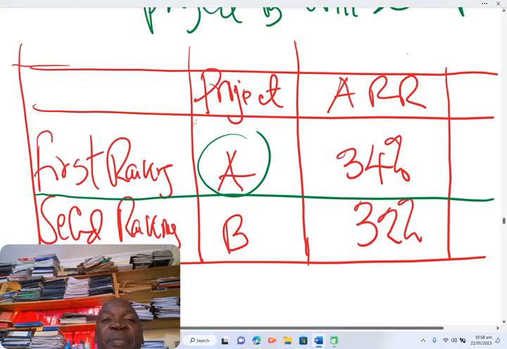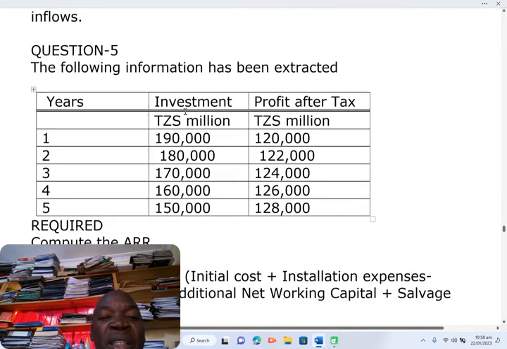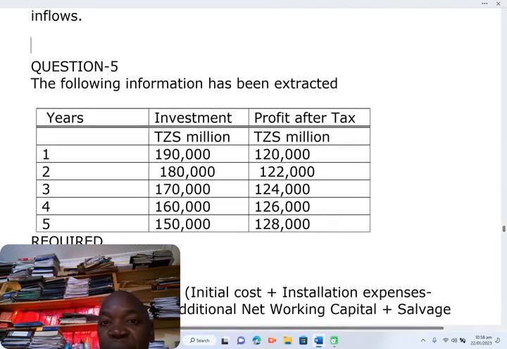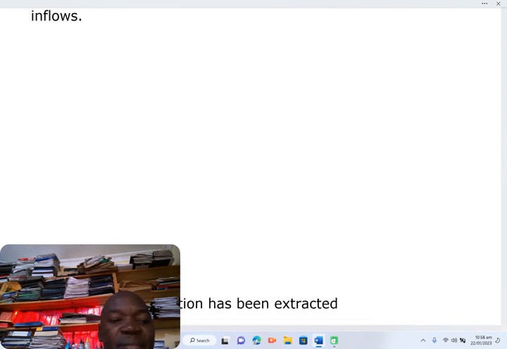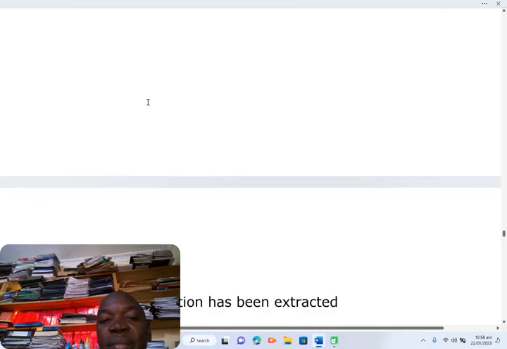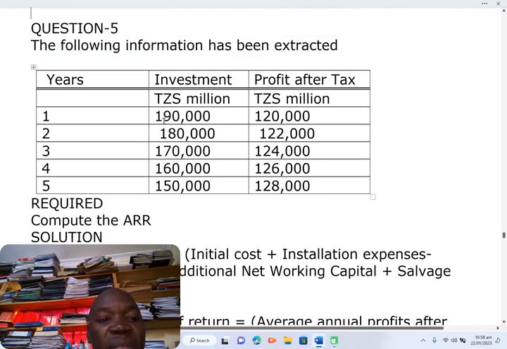So I think you have done something on it. Let us get started with another problem. The following information has been extracted: investment and after tax cash flow. Compute IRR. Now this is cash flow and this is investment.